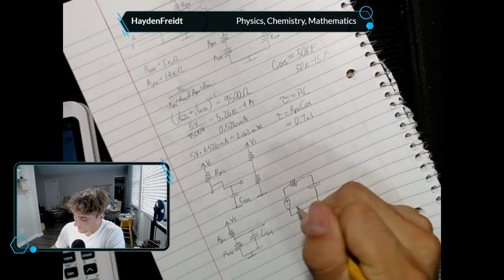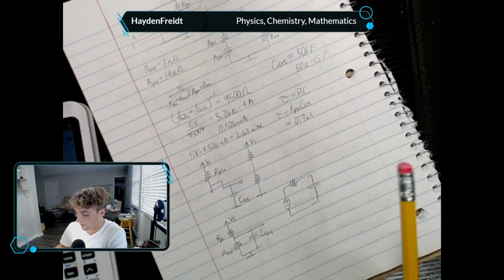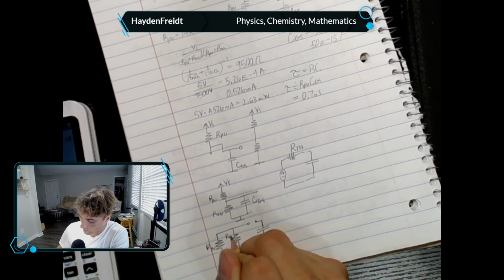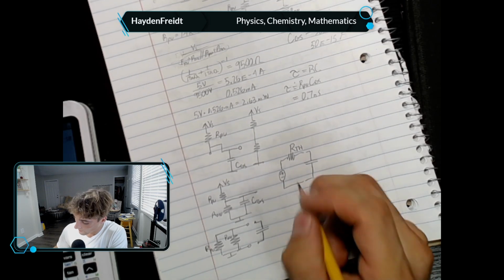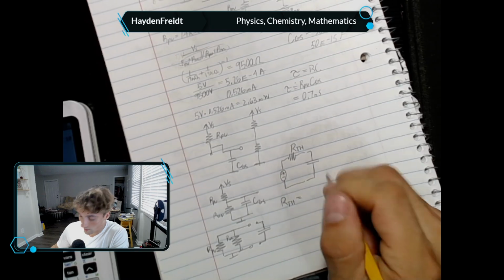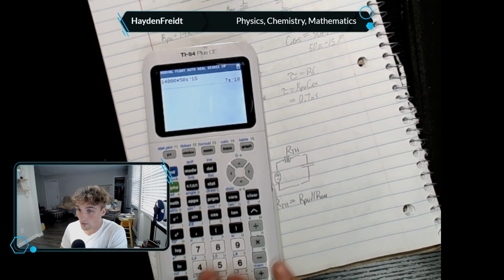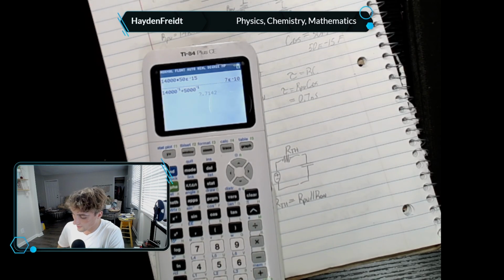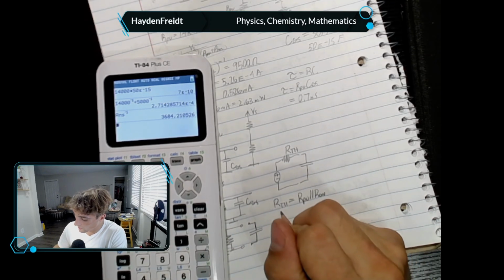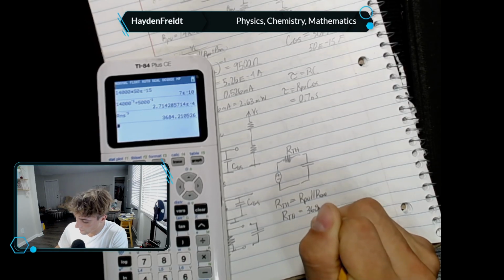This is R on because we shorted our voltage source. So R Thevenin equals RPU parallel with R on, and our Thevenin equivalent resistance is 3,684 ohms.